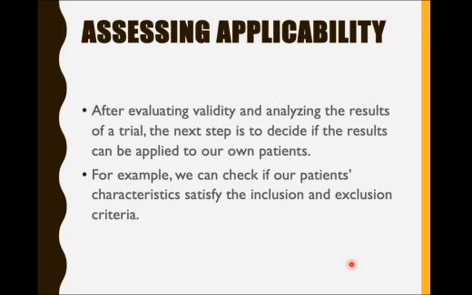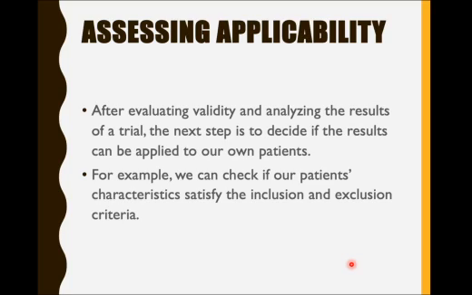Now, the next thing that you will have to assess is the applicability of the study. After evaluating the validity and analyzing the results of the trial, the next step is to decide if the results are applicable to our own patients. So you think that the article is valid, you have analyzed the results, and you think that the results are good.